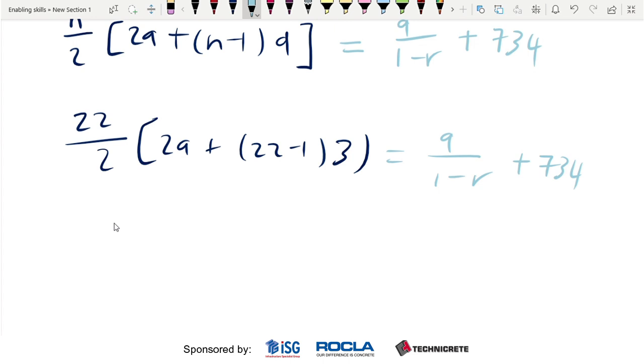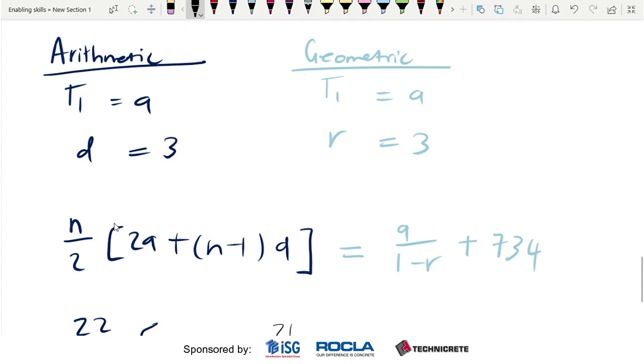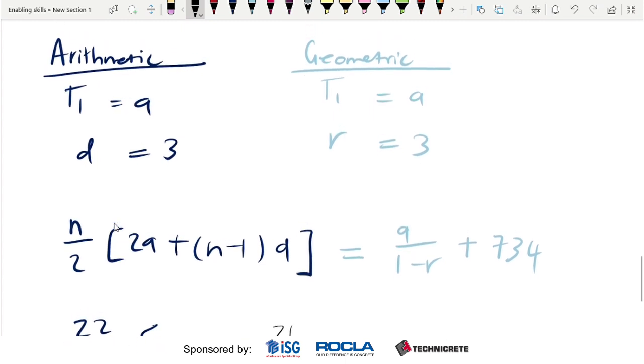Now we need to simplify this. 22 divided by 2 gives us 11. 11 times 2a plus 22 minus 1 is 21. 21 times 3 gives us 63, is equal to a over 1 minus r.